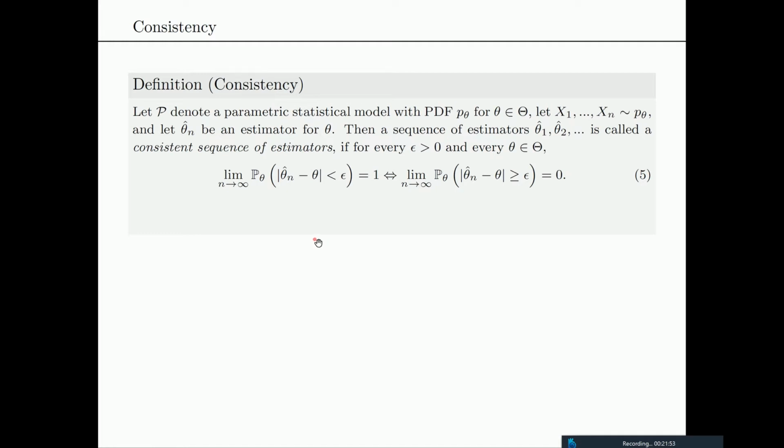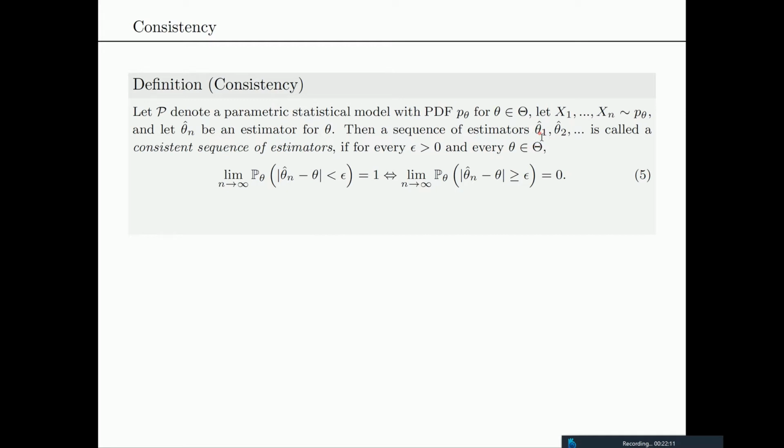So what is actually converging here is a sequence of estimators, but then you call the sequence consistent, and because the sequence is consistent, you then also call the estimator itself consistent.